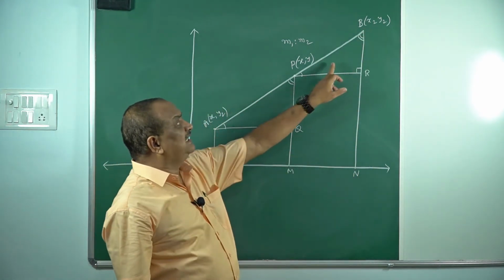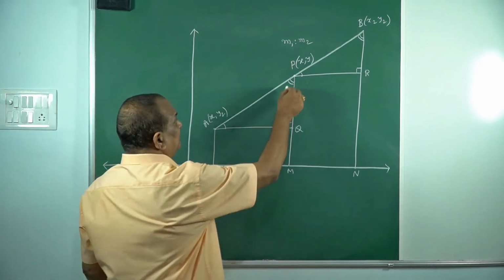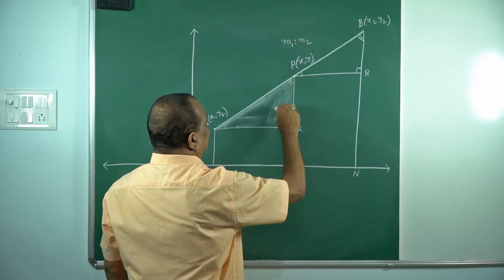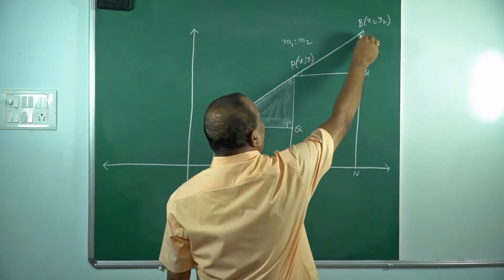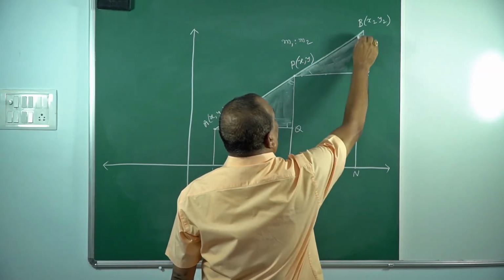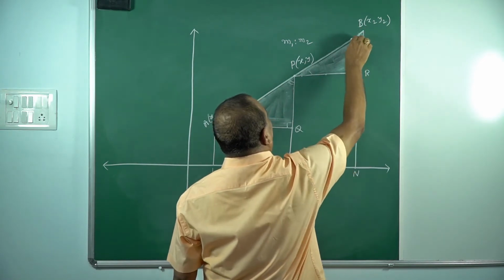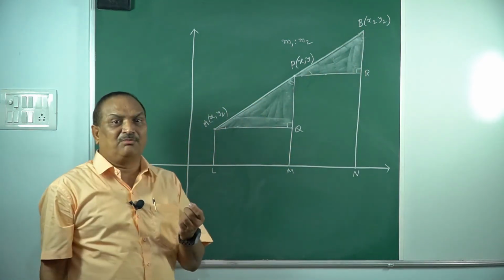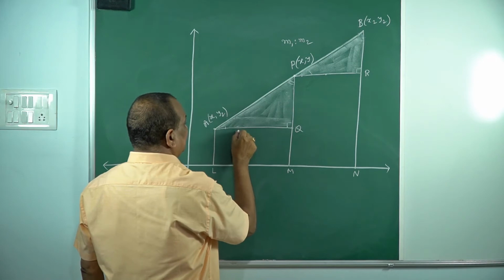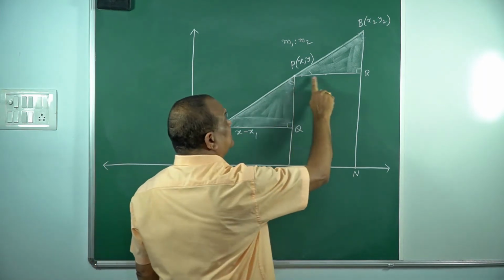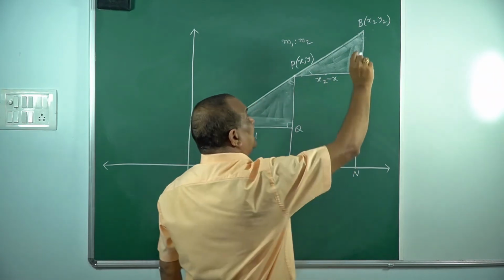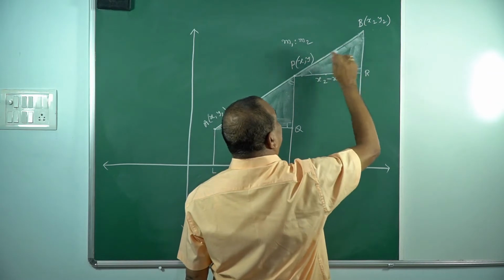So these two triangles are similar to each other. That is what we were using. So we need to know the sides for the comparison sake, because corresponding sides are in proportion. And here I said x minus x1, and this one is x2 minus x, and this height difference is y2 minus y.